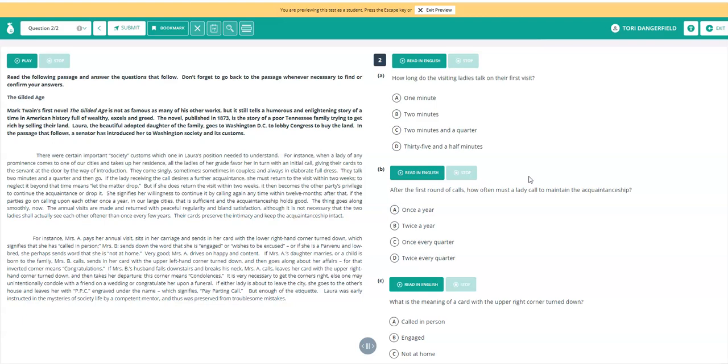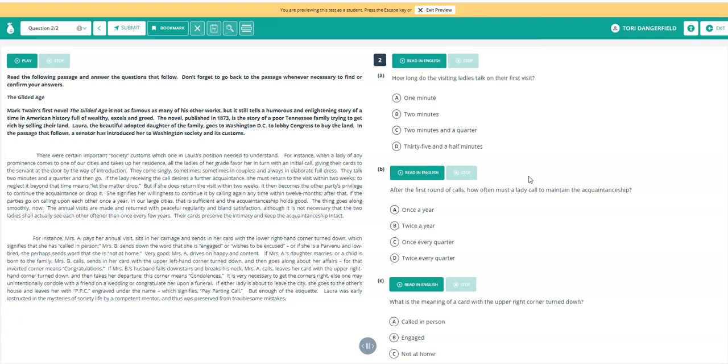They come singly sometimes, sometimes in couples, and always in elaborate full dress. They talk 2 minutes and a quarter and then go. If the lady receiving the call desires a further acquaintance, she must return the visit within 2 weeks. To neglect it beyond that time means let the matter drop.